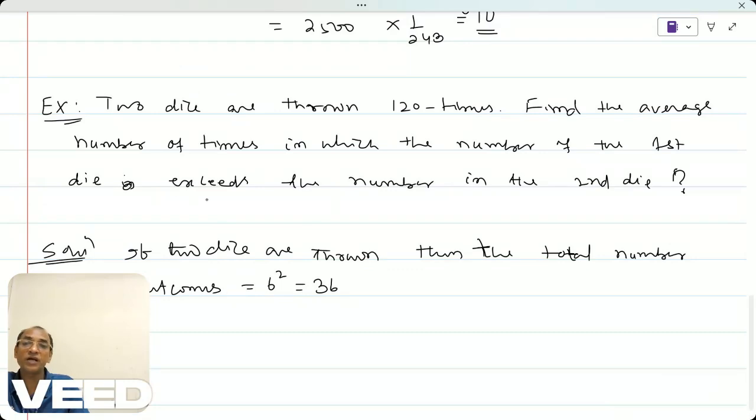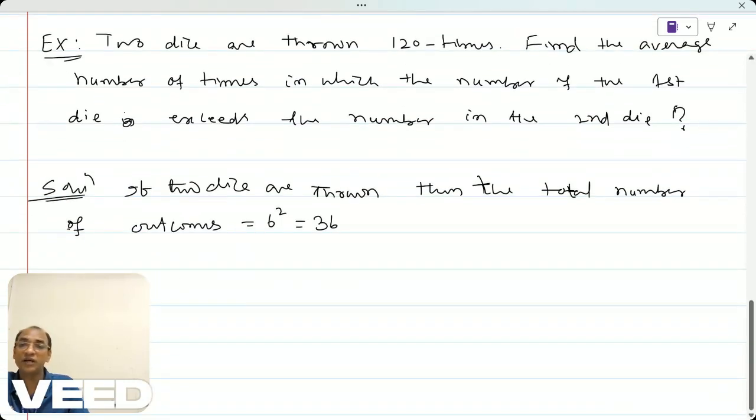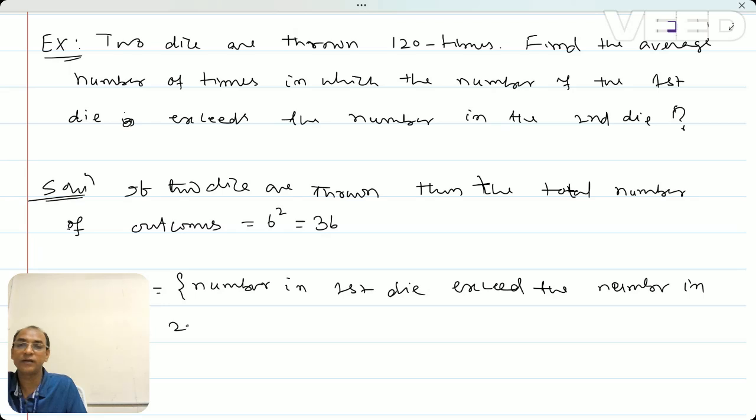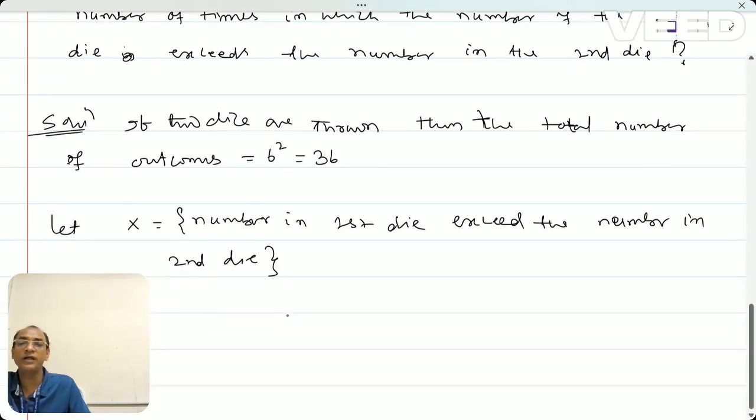the number in the first dice exceeds the number in the second dice. So let x be the random variable where the number in the first die exceeds the number in the second die.